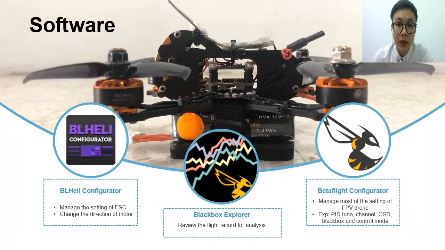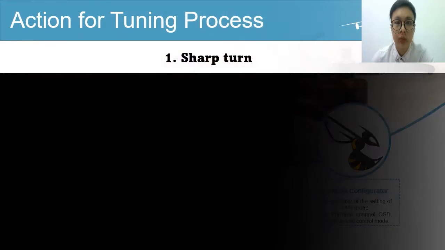Next, the Betaflight configurator, which is used to manage most of the setting of the FPV drone, like the PID setting, channel, on-screen display, which is all SD, black box, and also the control mode. And the last software is the Black Box Explorer, which is used to review the flight record and also for analysis purpose.